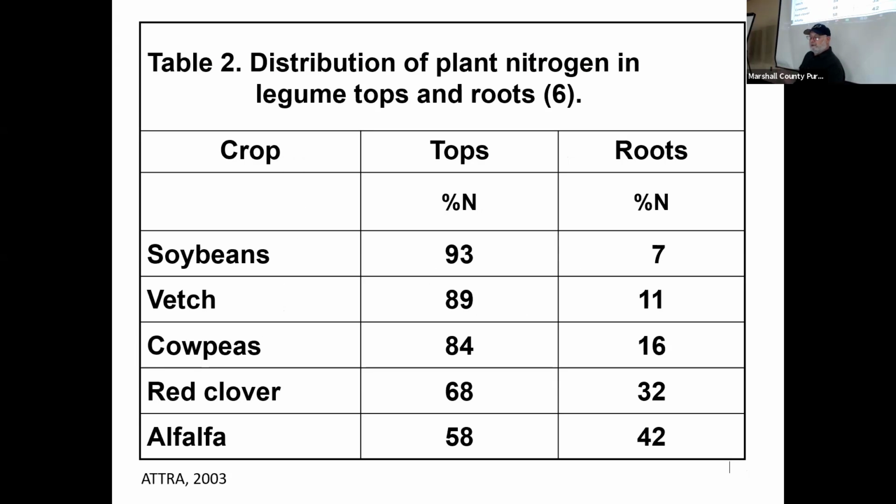So when we're looking at different crops that we can use, what we'd use in our garden space would be more like red clover. We could use cowpeas, vetches, but you can see the roots can have a significant amount of the plant nitrogen as compared to the tops, depending on what we decide to grow.